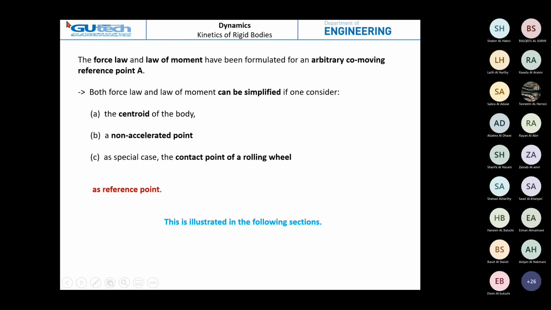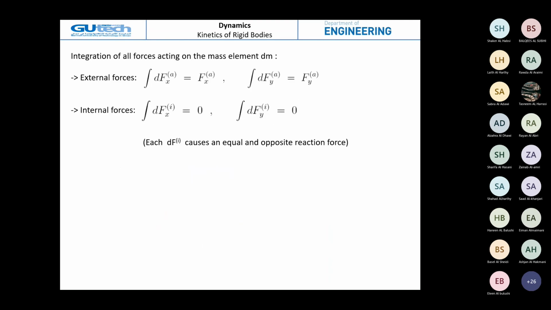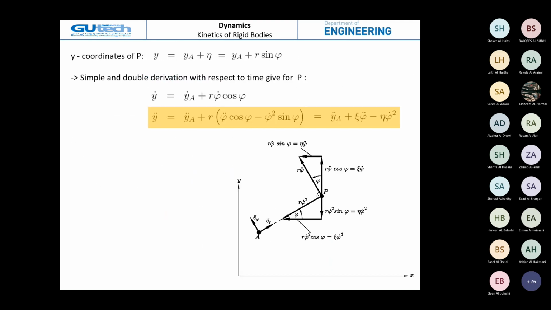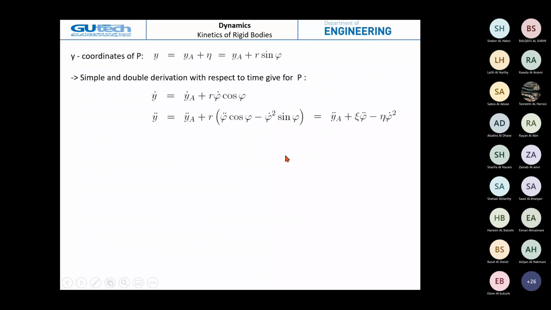Now the force law and the law of moment have been formulated for an arbitrarily co-moving reference point A. Both the force law and the law of moment can be simplified into one. Why? Consider the center of weight of the body, which we note here by S. This is the center of weight of the body, or center of mass.